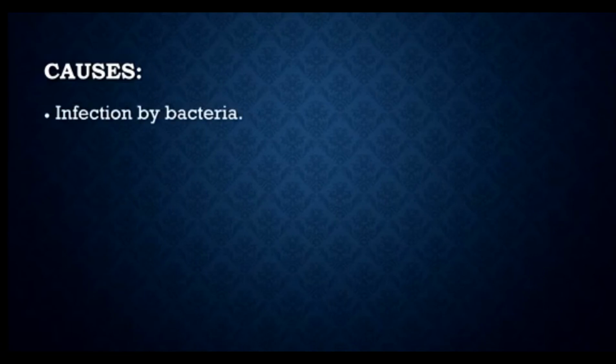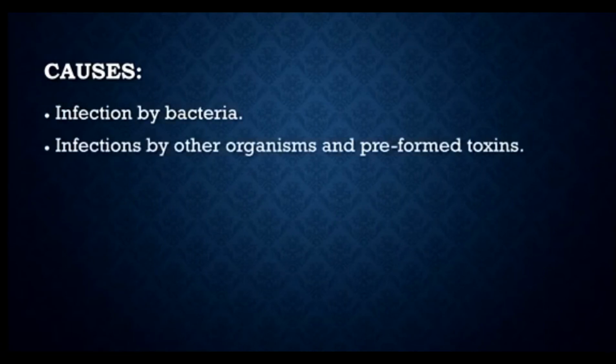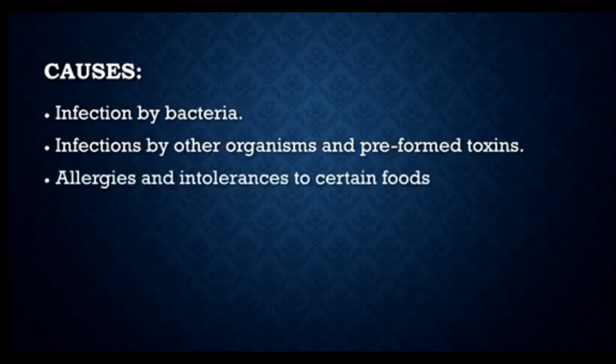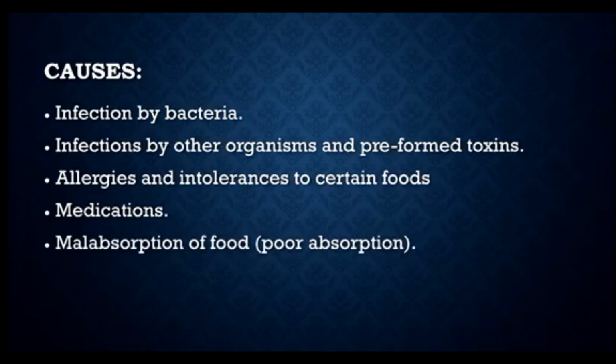It can be infection by bacteria, infections by other organisms, and preformed toxins. It could also be allergies and intolerances to certain foods. It can be caused by the medications that we take. And lastly, poor absorption of food, or malabsorption.